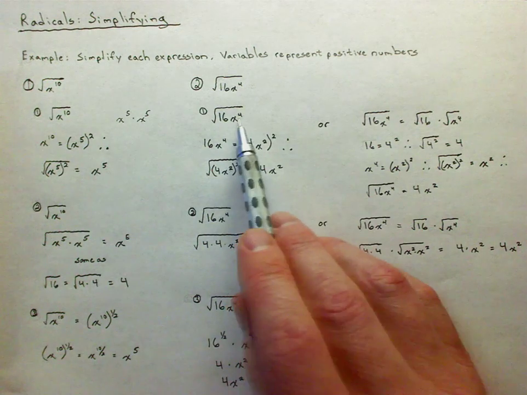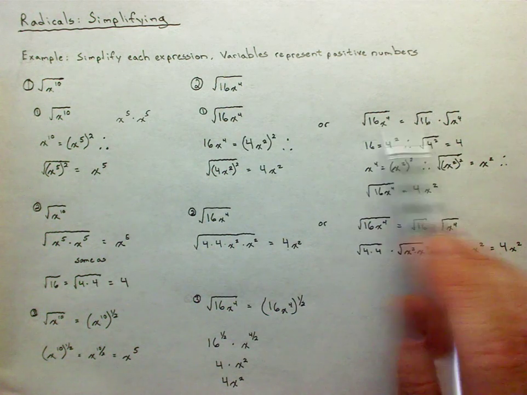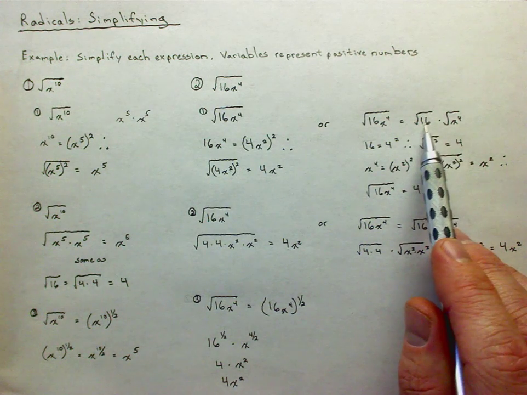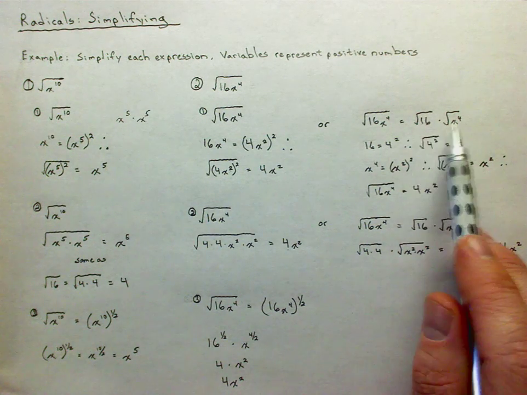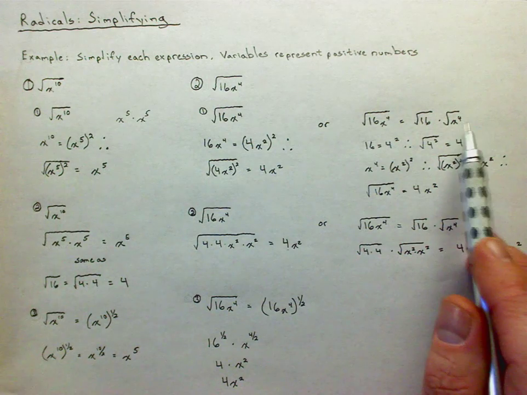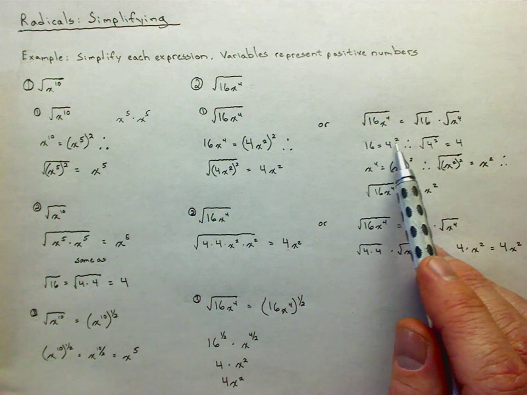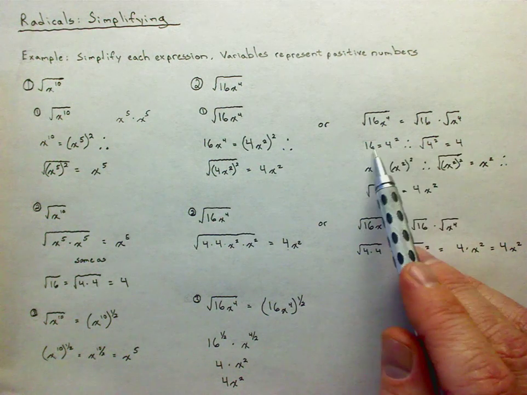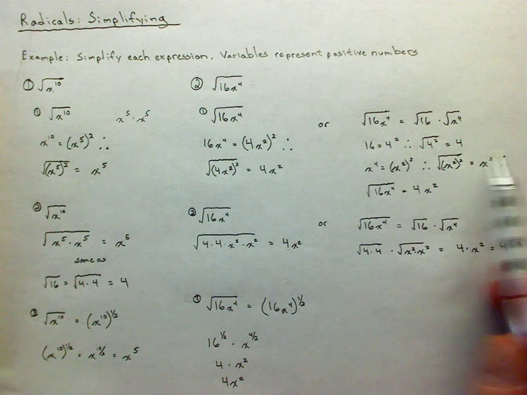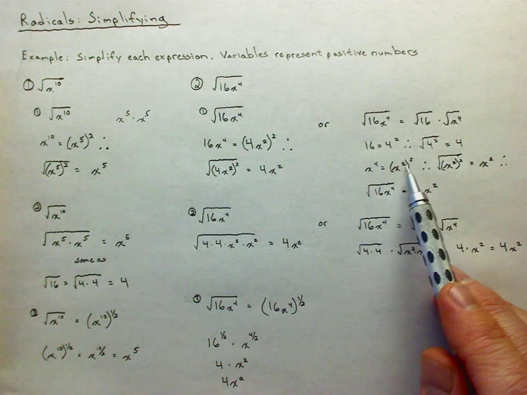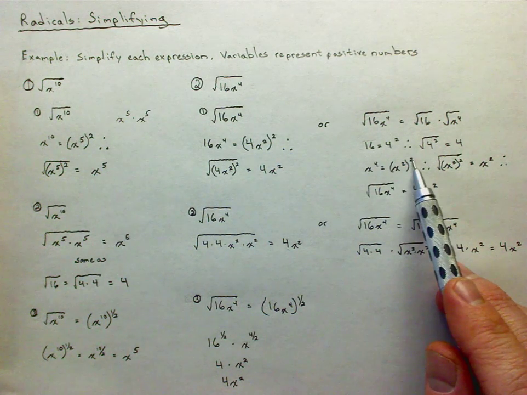Or up here, what I could have done is the product rule for radicals and broken it down. So that is simple, and I'm looking at two separate radicals now, and that may help you visualize it. The square root of 16 is 4 because 4 squared equals 16. The square root of x to the 4th is simply x squared because x squared squared.